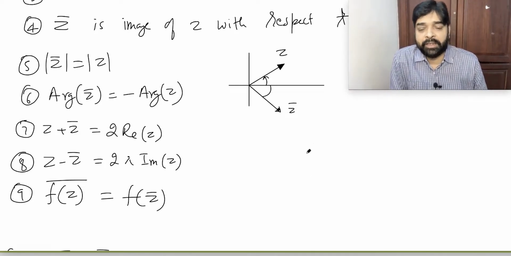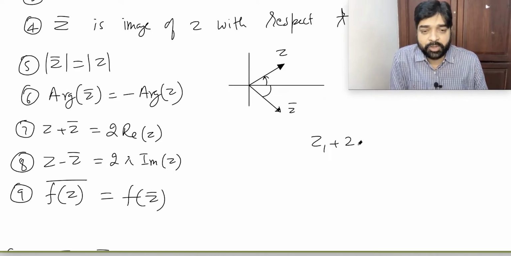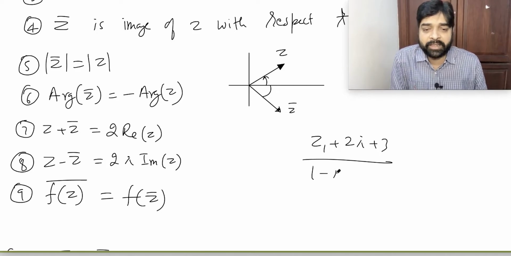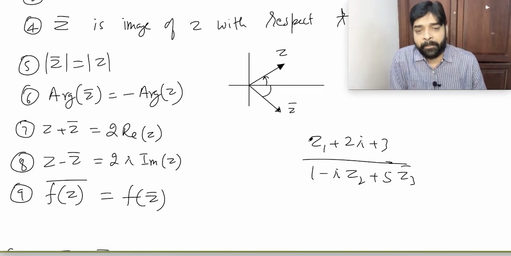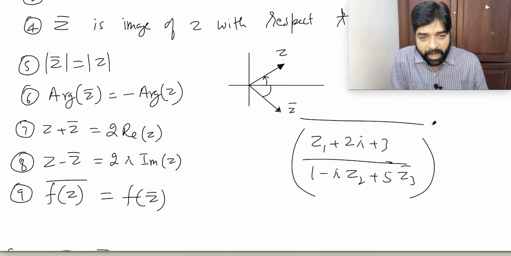Understood my point? For example, suppose somebody says z1 plus 2i plus 3 divided by 1 minus i z2 plus, write anything, 5 z3. This whole bar is there.